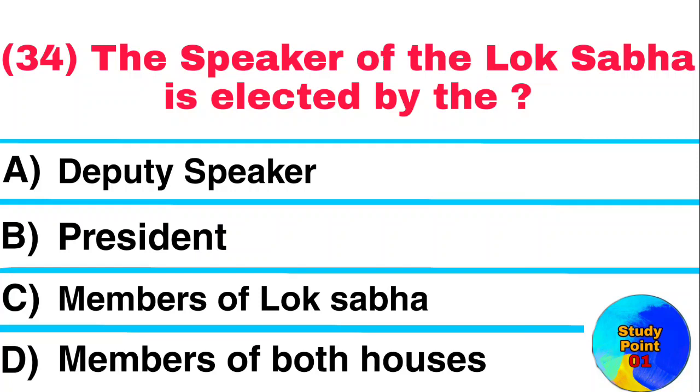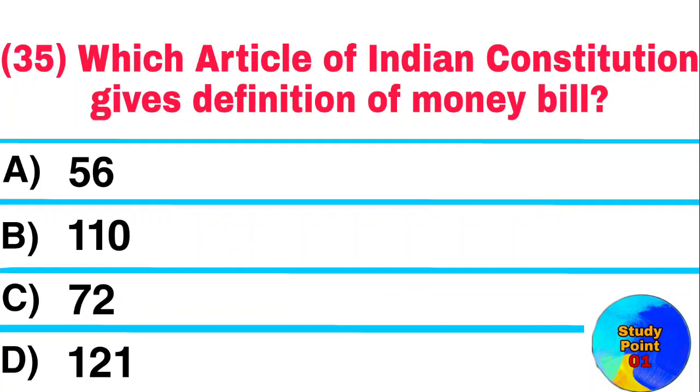D. Members of both houses. Answer. Members of Lok Sabha. Question. Which article of Indian Constitution gives definition of money bill? A. 56. B. 110. C. 72. D. 121. Answer. 110.